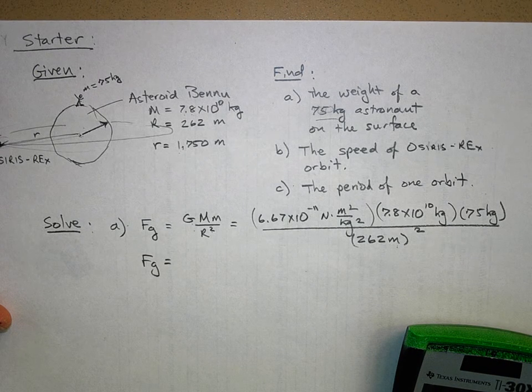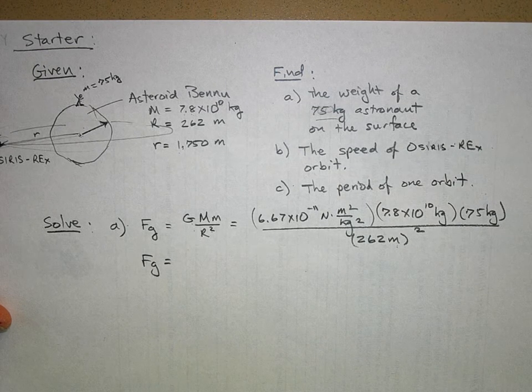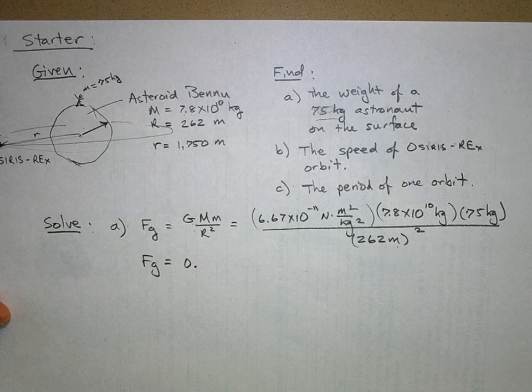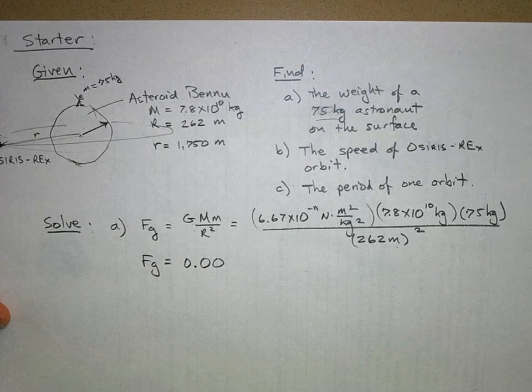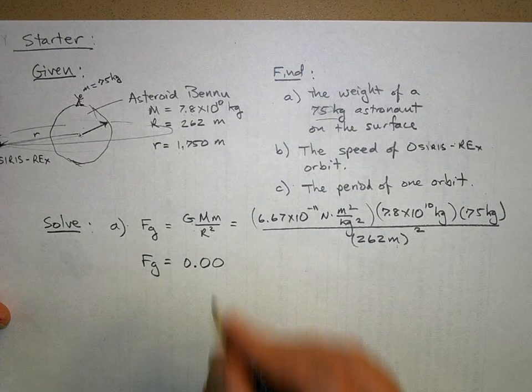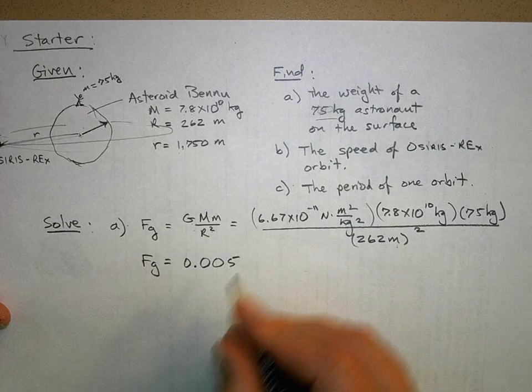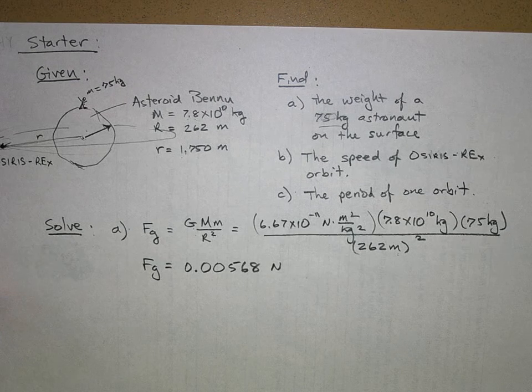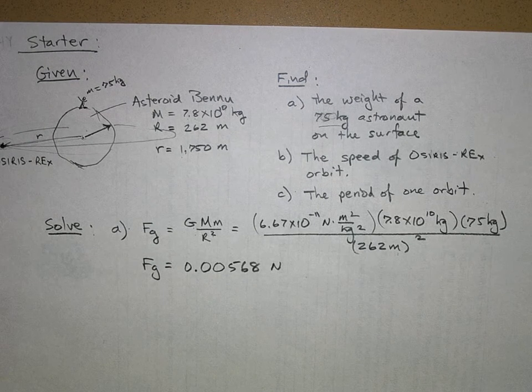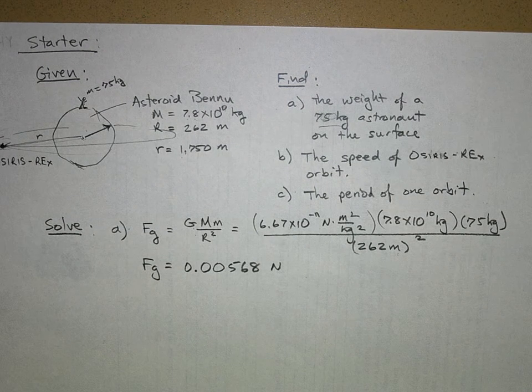But then I'm going to divide that by 262 squared, and I get this very small number. It's in scientific notation, but I'm going to put it in 0.00, let's see, 1, 2, 3, 5, 6, 8 newtons. Now, that's really, really tiny.